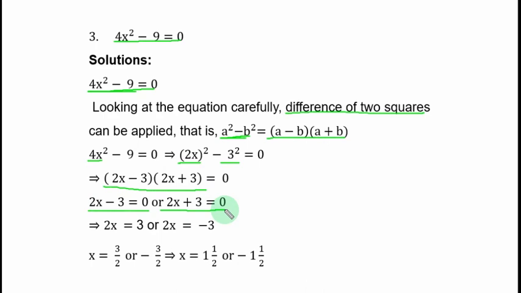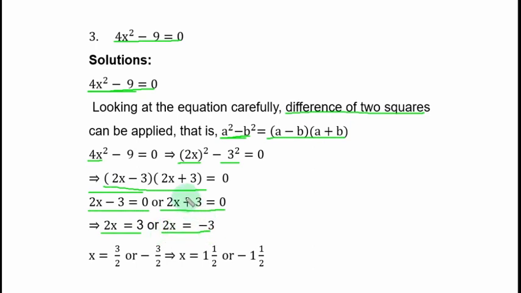To continue, you transfer the constant term to the right hand side. From the first linear equation, if you transfer minus 3, you have 2x equal to 3. And from the second linear equation, when you transfer plus 3, you have 2x equal to minus 3.